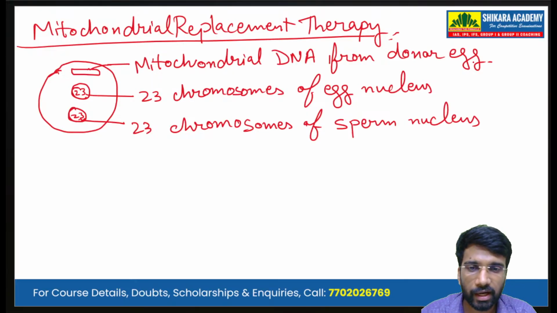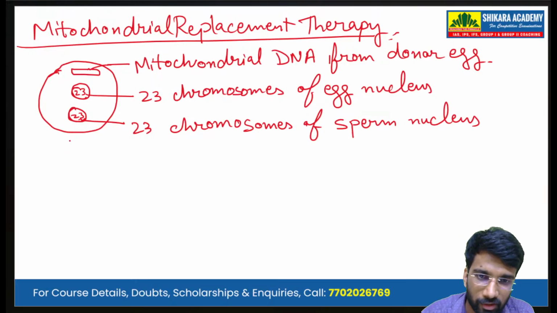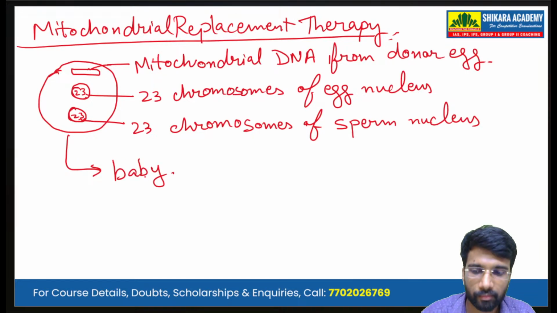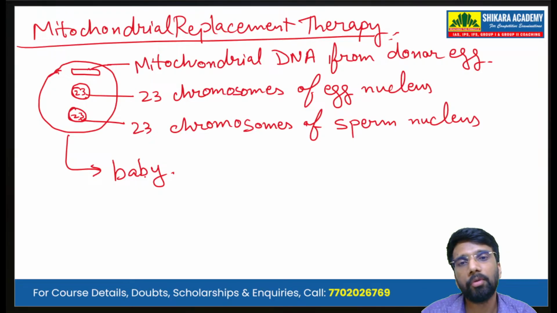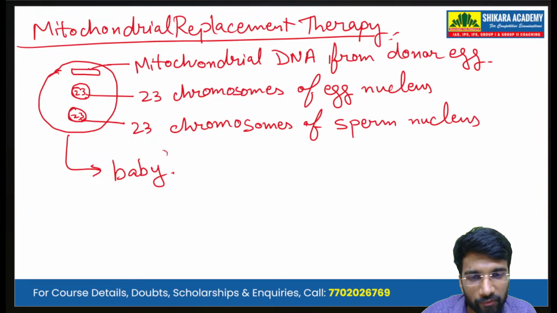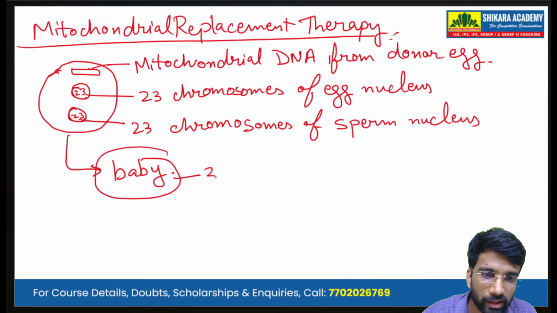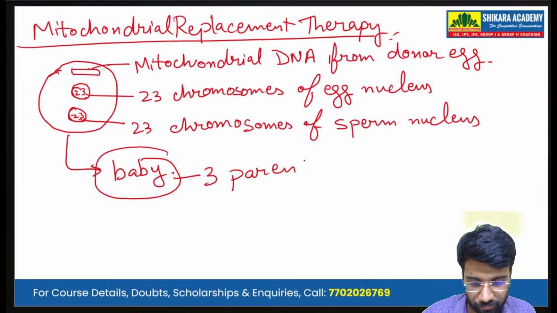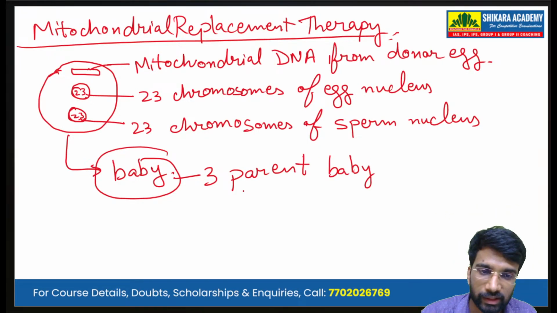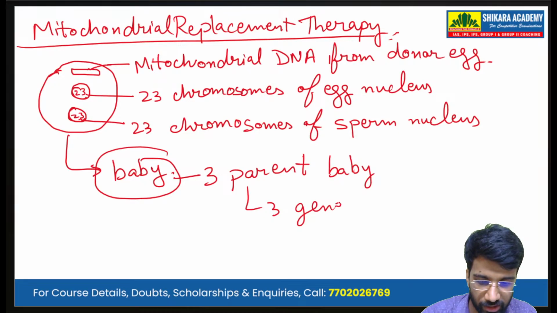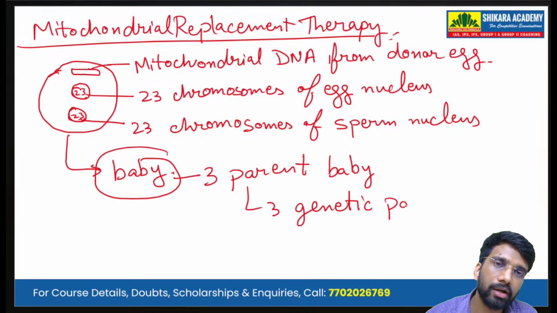The zygote will ultimately form a baby. So we can call this baby a three-parent baby, because three genetic parents are involved.